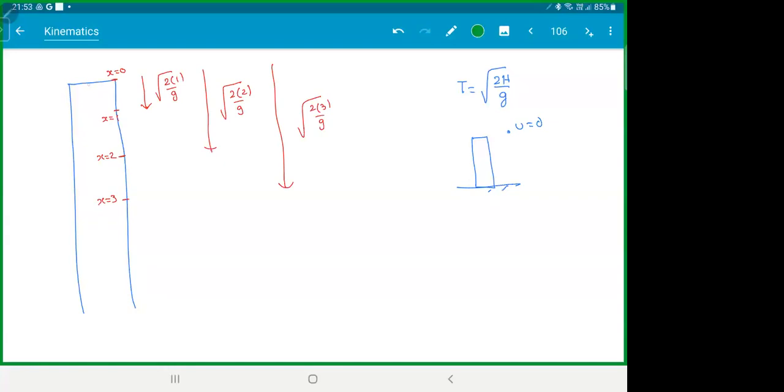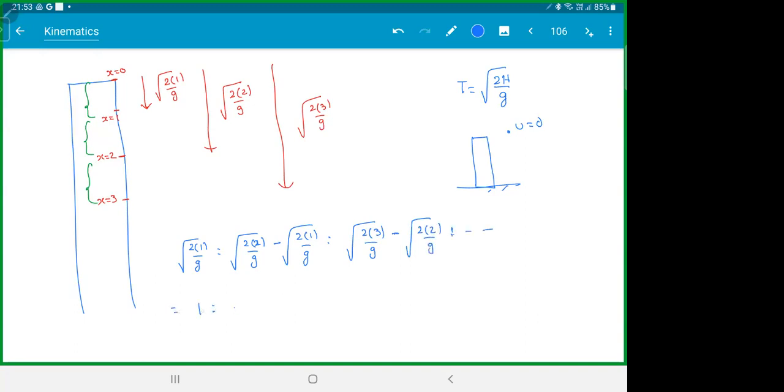I asked you the first meter, second meter, and third meter, and so on. So the ratio would be root of 2 times 1 by g is to root of 2 times 2 by g minus root of 2 times 1 by g, root of 2 times 3 by g minus root of 2 times 2 by g, and so on. So this will be 1 is to root 2 minus 1, root 3 minus root 2, root 4 minus root 3, and so on. Check. That's how you do the C part.